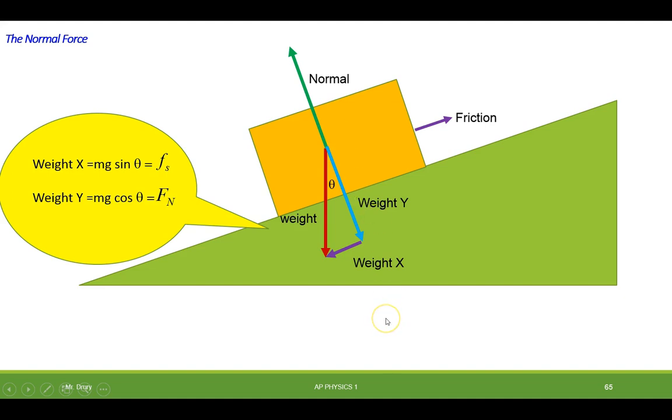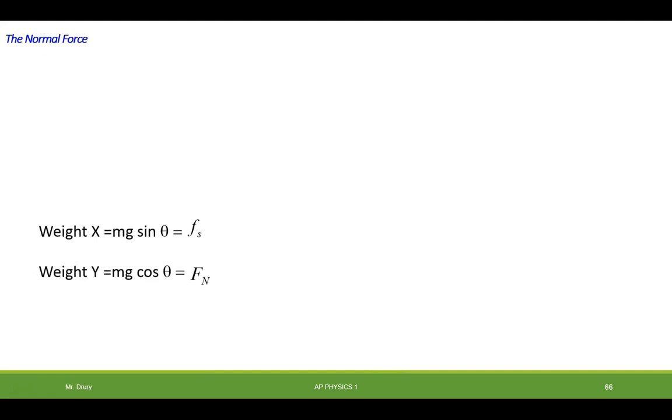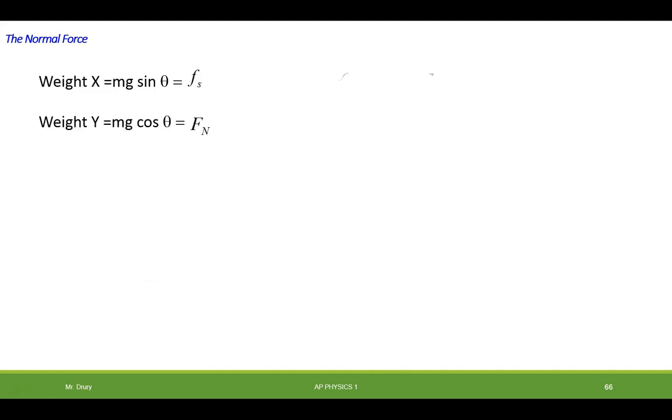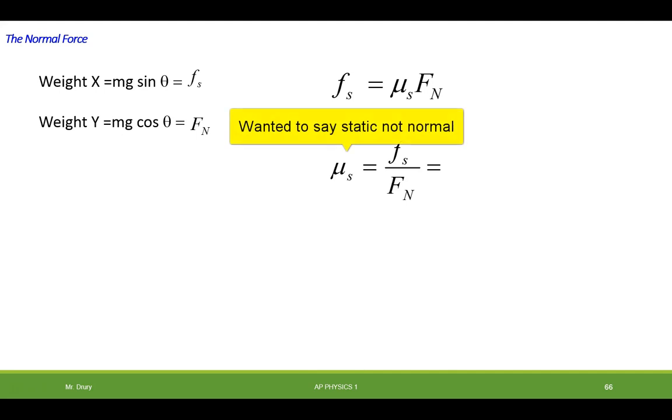Okay? So let's see if we can figure out what we could do with that. I'm just copying that down from before. Now I know the force of friction static between the two surfaces is equal to mu times force normal. Or mu is equal to force of friction divided by the force normal.